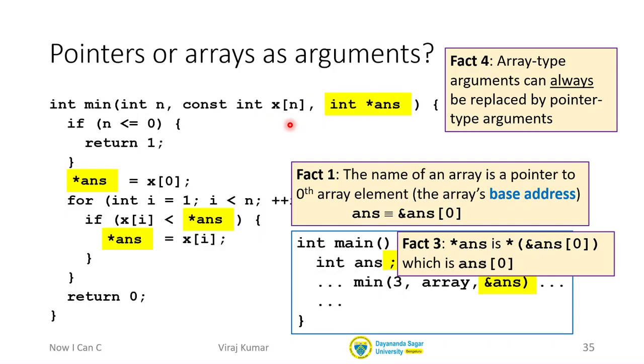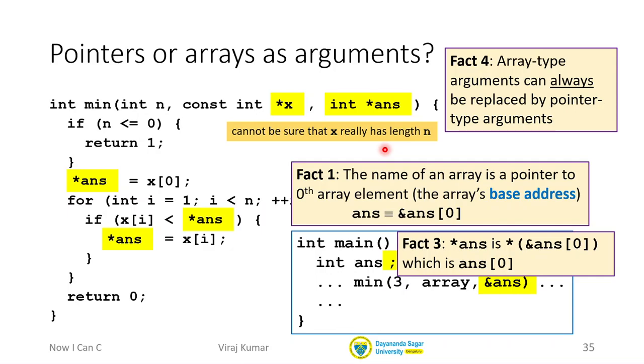In the earlier version, this n referred to this argument. So this was indicating the length of this array. And if we just replace it with star x, then aren't we losing that information? How can we be sure anymore that this array really has length n? We cannot be sure that it does.